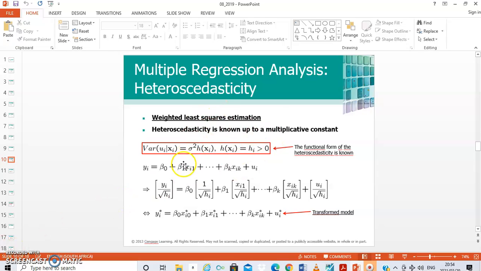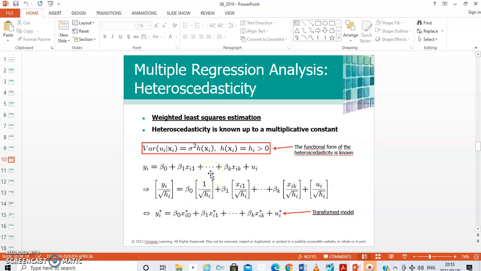So what we simply do is assign weights to each of these variables. If this is our original function, just like our generic multiple regression, where y is a function of beta naught, beta 1 x1 up until beta k xk, depending on how many variables we have, then we divide each of these by hi.